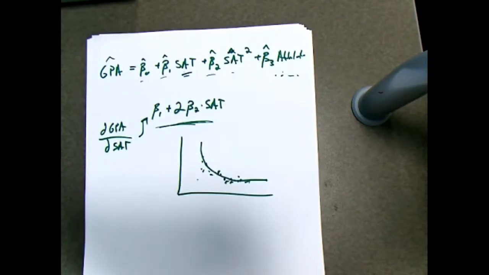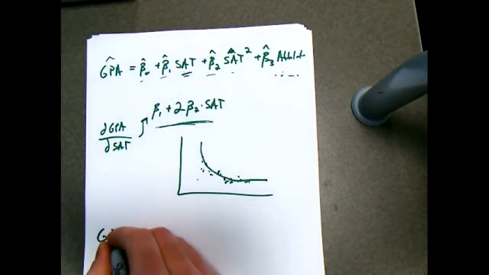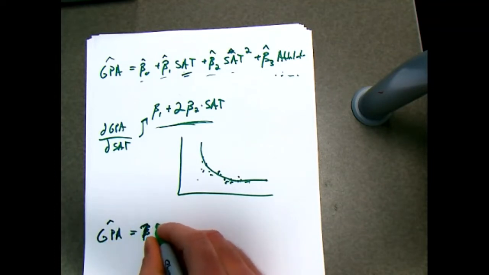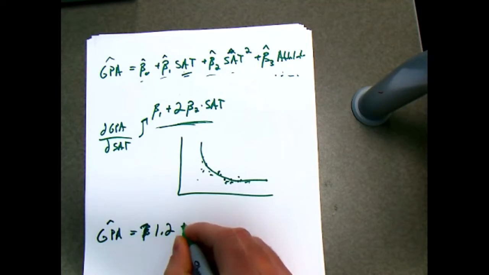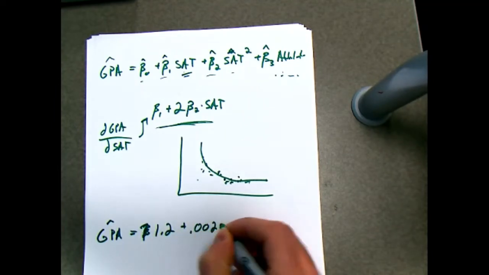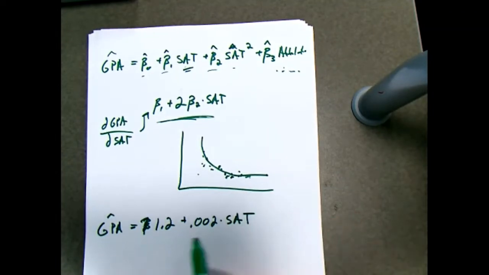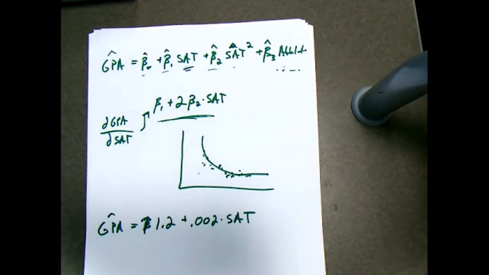So for instance, if I had a really simple linear regression, and let's say I run this regression and I get, I don't know, 1.2 plus 0.002 times SAT, right? Let's say I just run this really simple linear regression. I could come up with predictions about the GPA by just plugging in different values for SAT scores, right?